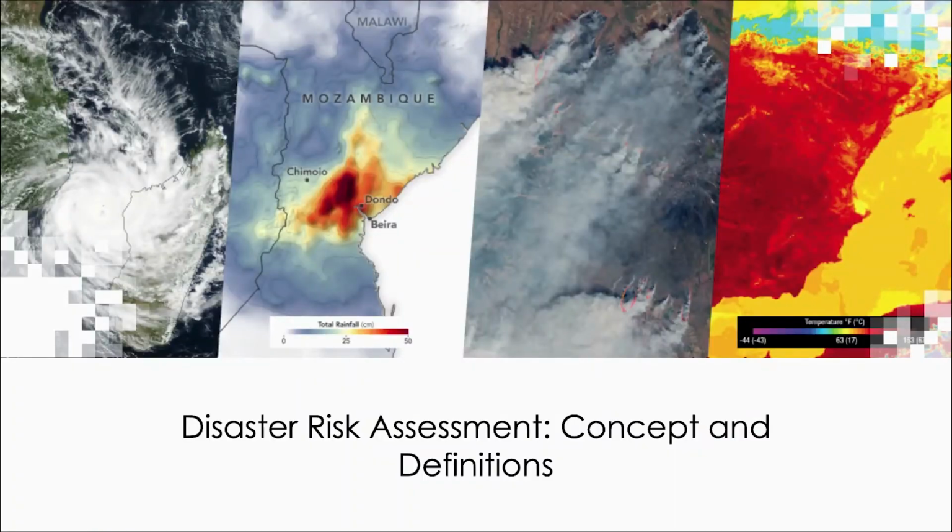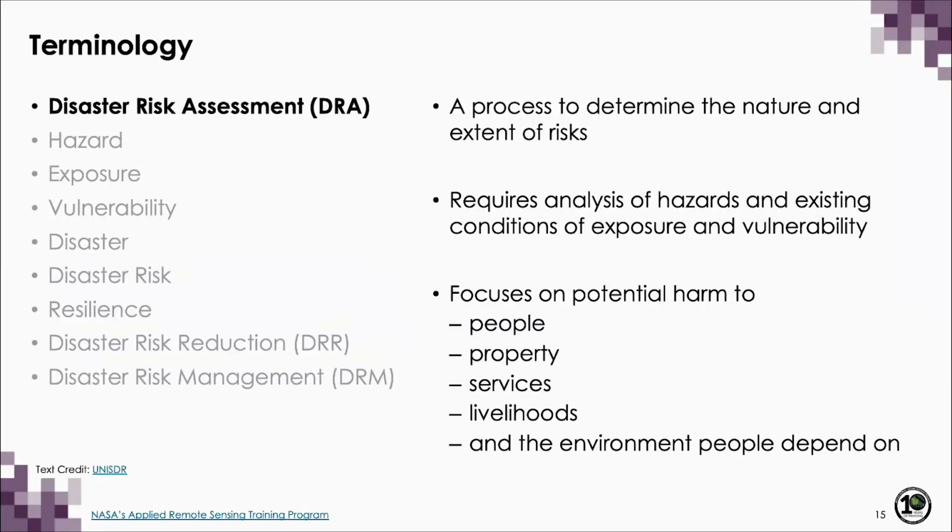With that, we will start disaster risk assessment, concept and definitions. We're going to follow definitions given by UNISDR, which is now UNDRR, the Disaster Risk Reduction Agency. So we're going to use this terminology based on UN definitions.